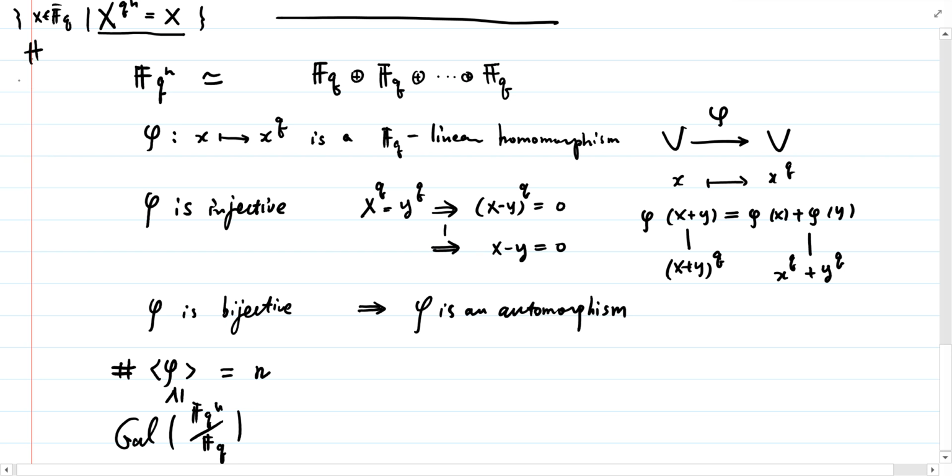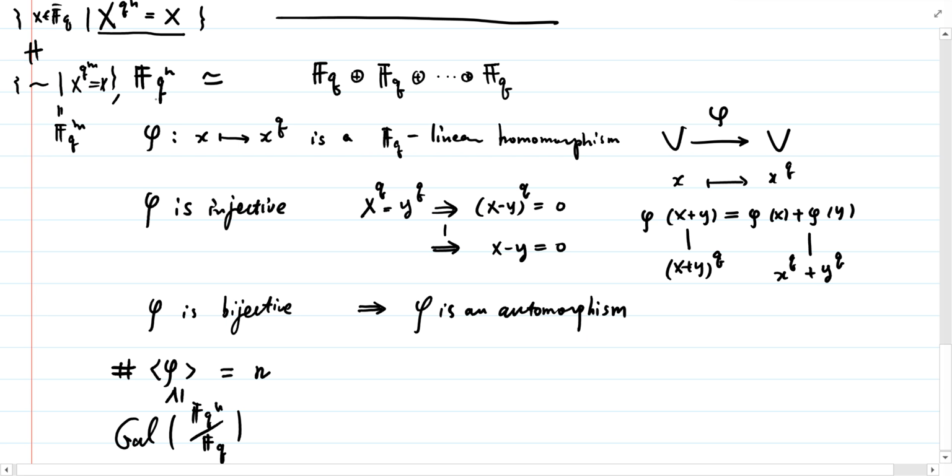This is not true for any n less than n. Because we know this is F_{q^n}, which is not the same as F_{q^m}.